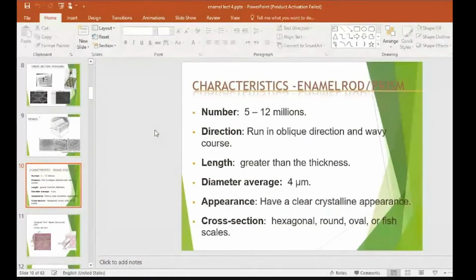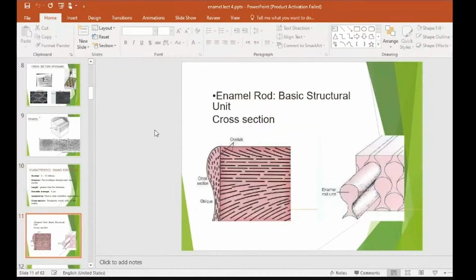It gives us different shapes when we section the enamel horizontally: cross section gives us hexagonal, round, oval, or fish scales. Enamel rod, the basic structural unit. If I ask you to explain the basic structural unit of the enamel, you immediately write enamel rod.